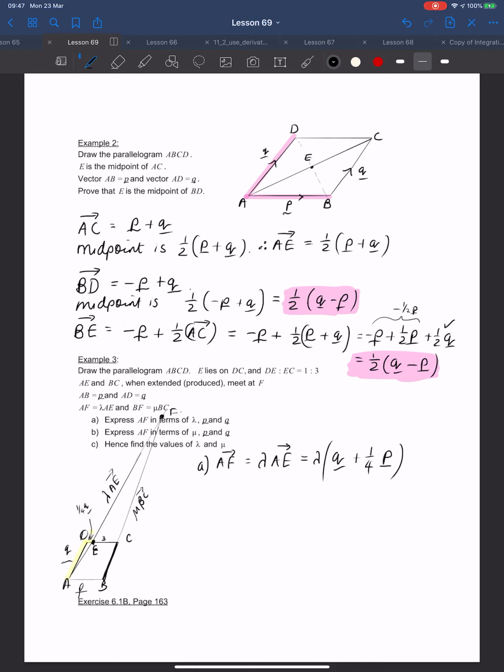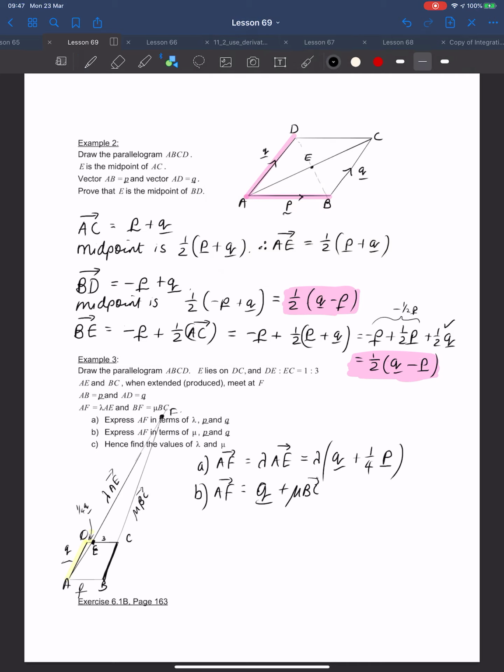Okay, so part B, A to F in terms of mu, P and Q. So A to F is also Q, let's get plus mu B to C. So I'll change the colour for this one.